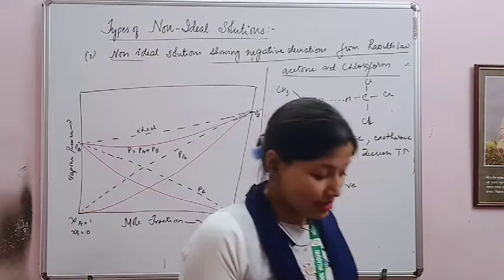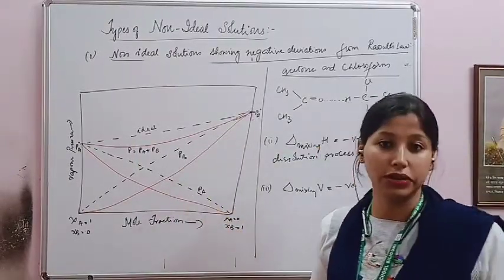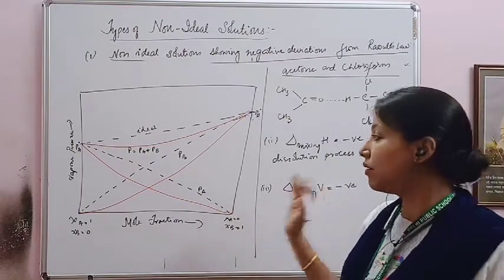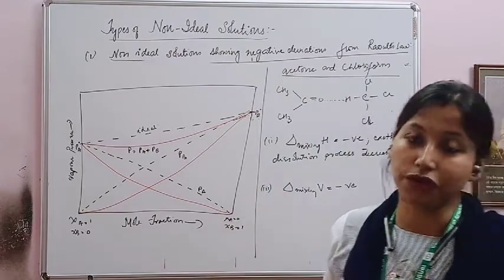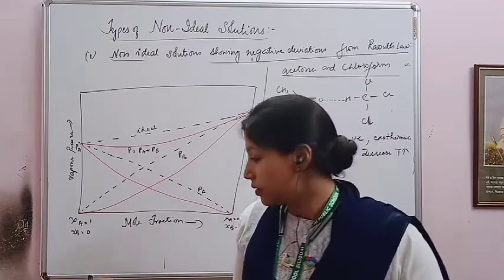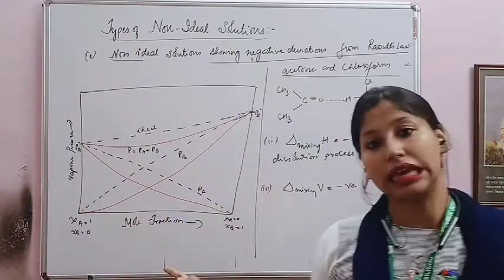So you can see that solutions where there is a decrease in vapor pressure on mixing the solute and solvent are said to show negative deviations from Raoult's law. So we'll stop the discussion about types of solutions here.